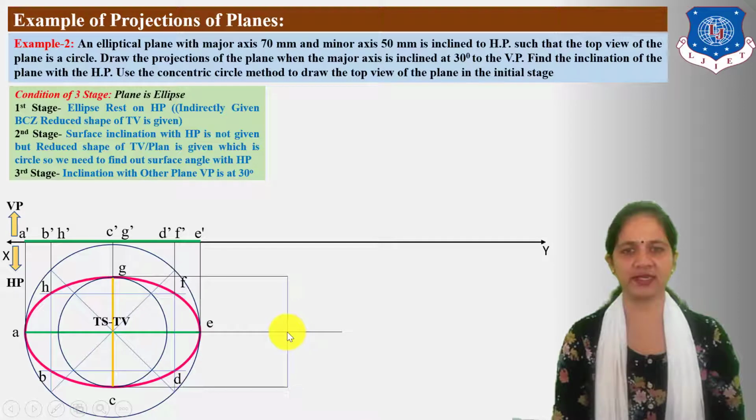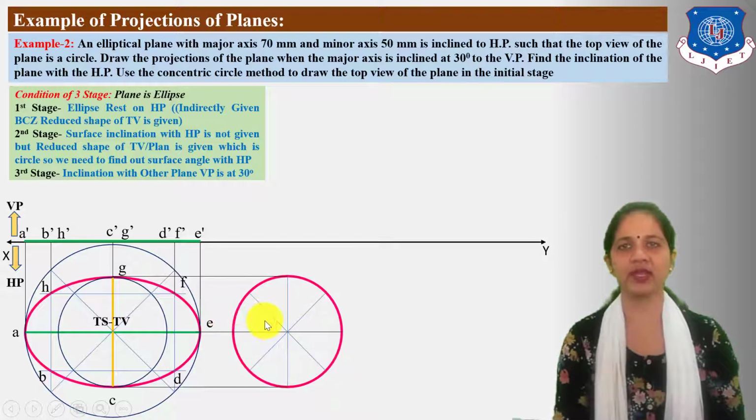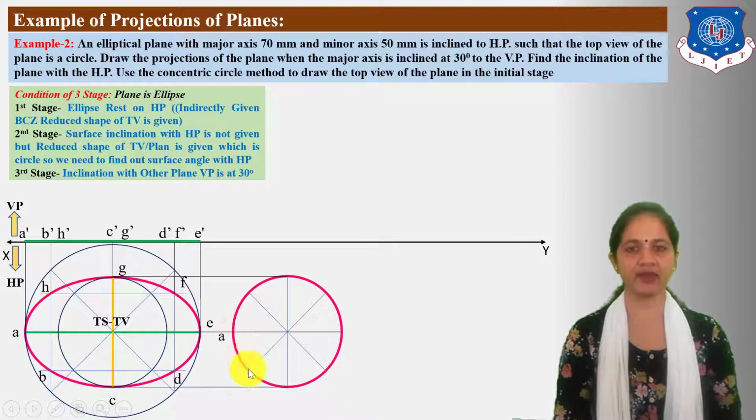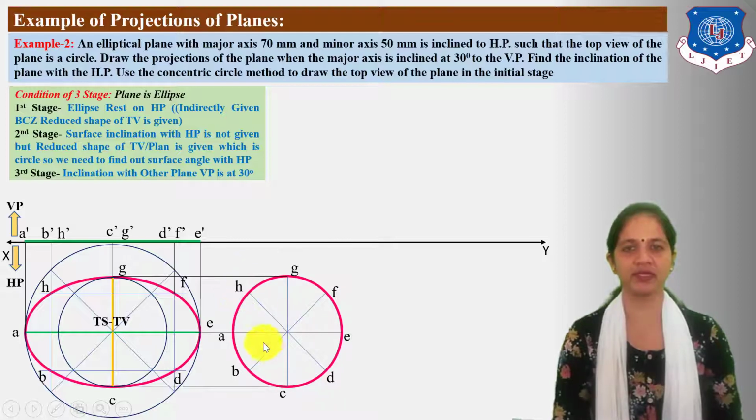From this center draw a circle. This circle is divided into equal 8 parts at 45 degrees, and mark here A, B, C, D, E, F, G and H points. This indicates the reduced or apparent shape in top view.